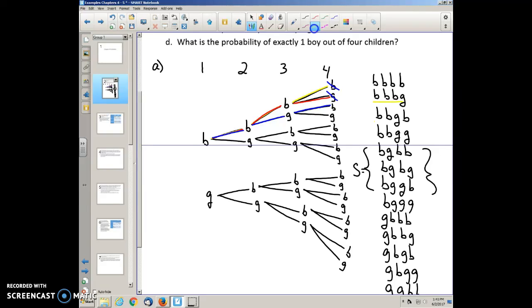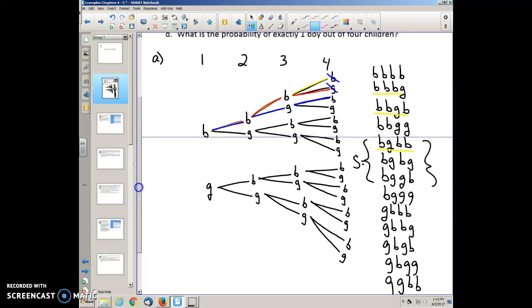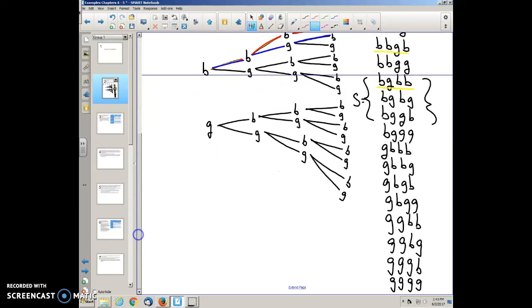Here's 1, here's 2, here's 3, here's 4, and those 4 are all we can find.